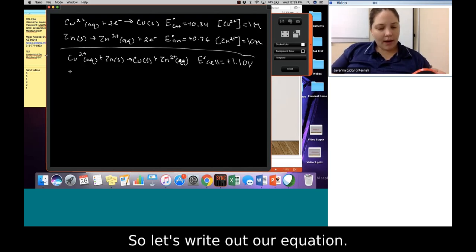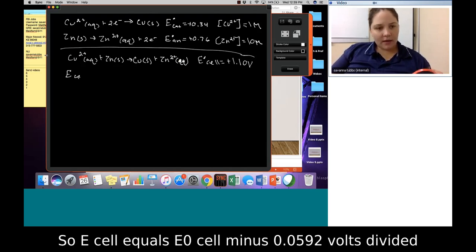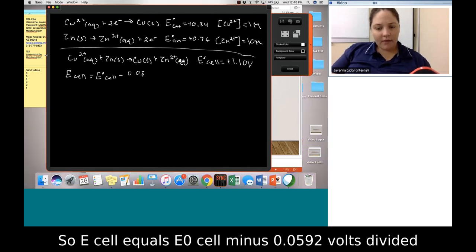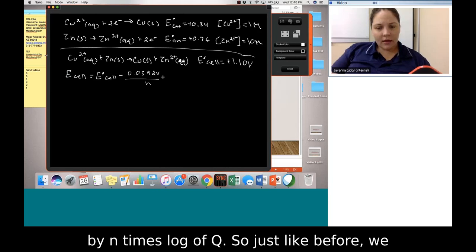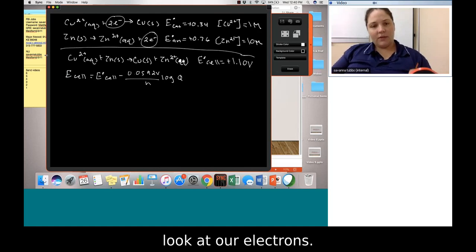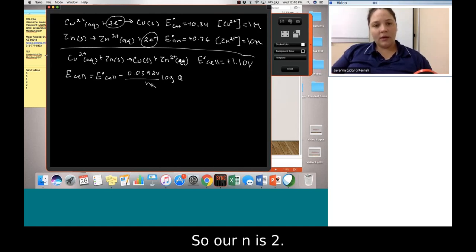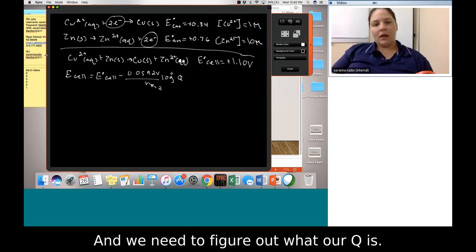So let's write out our equation. E cell equals E naught cell minus 0.0592 volts divided by n times log of Q. So just like before, we look at our electrons. We have 2, so our n is 2, and we need to figure out what our Q is.